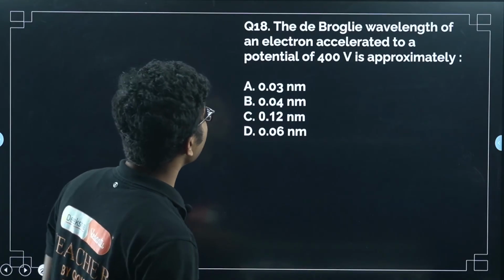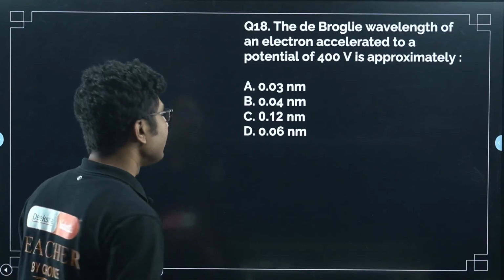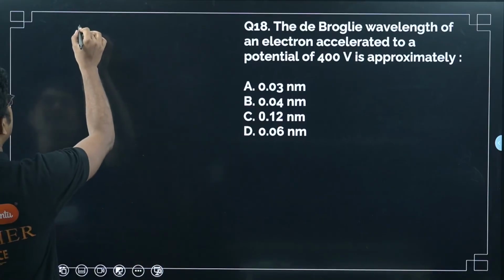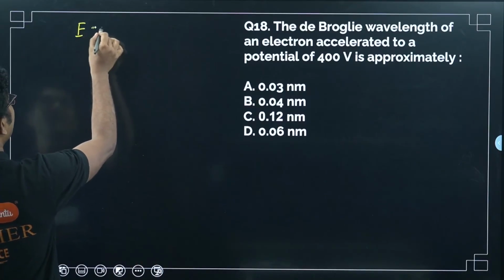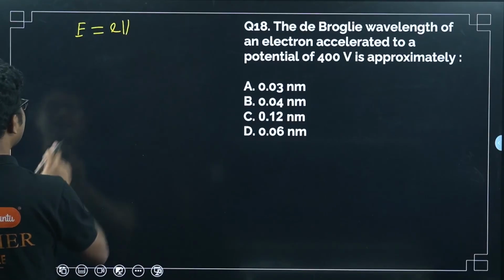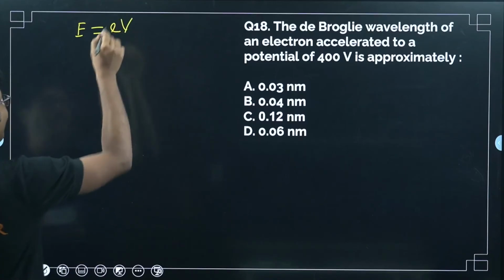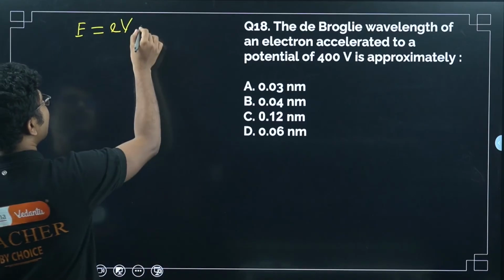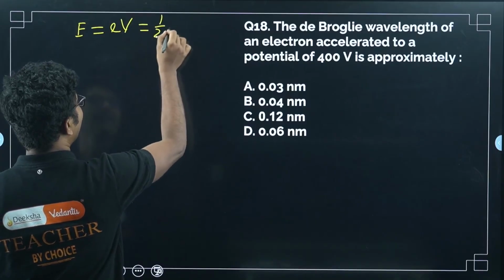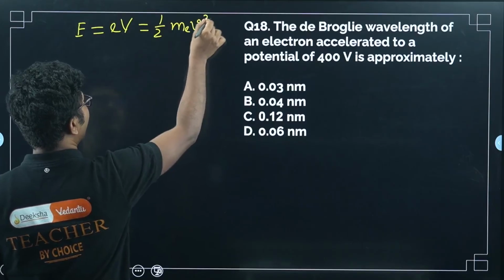Okay, the de Broglie wavelength of an electron accelerated to a potential of 400 volts. So first of all, what is the energy of the electron? Energy of the electron is eV. Whenever an electron is accelerated, its energy is given by eV. Now that energy is equal to its kinetic energy, that is half m of electron velocity v square.